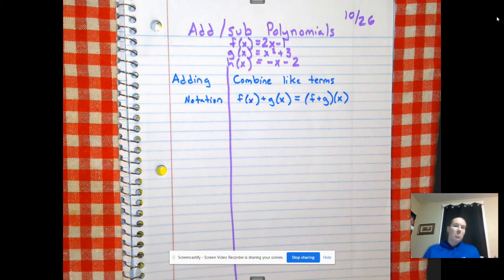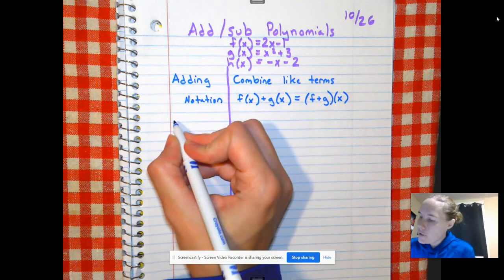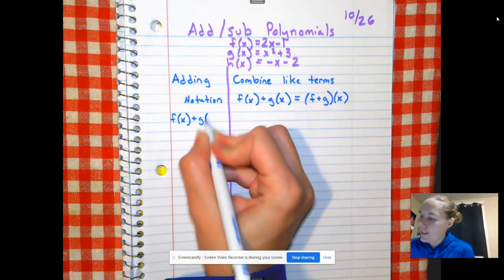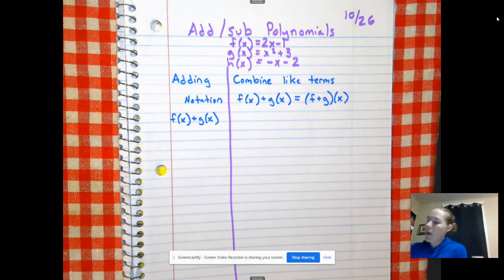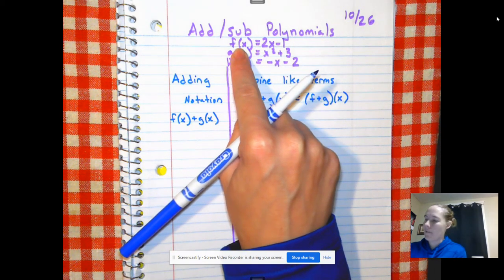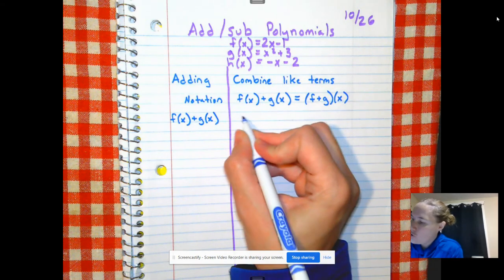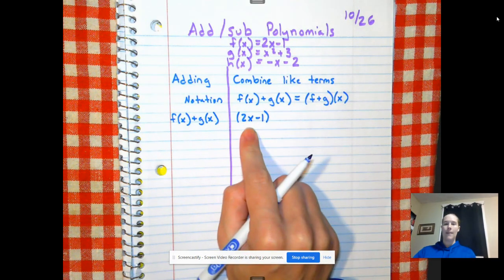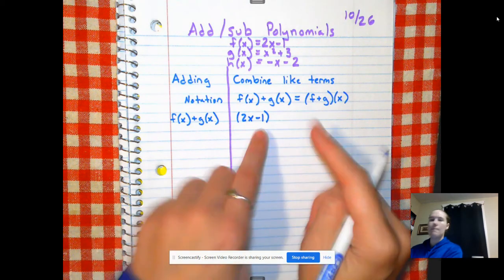So let's see some examples. So our first example, we're actually going to figure out f of x plus g of x. So I go up to all my different functions here. All right, my first one, f of x, is 2x minus 1. That's my f of x. Note how I put it in parentheses.